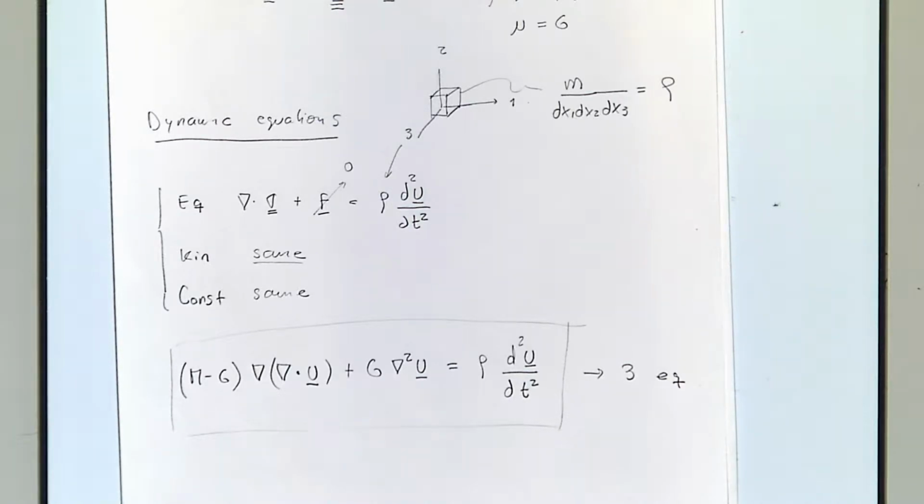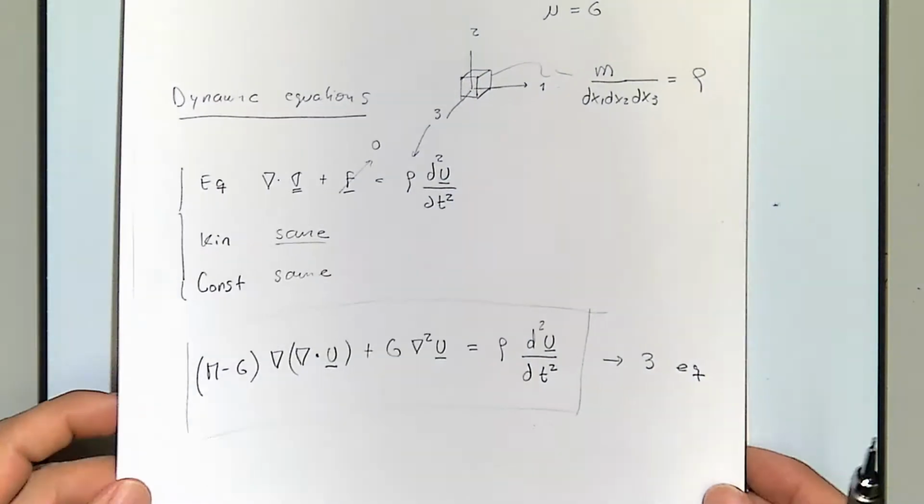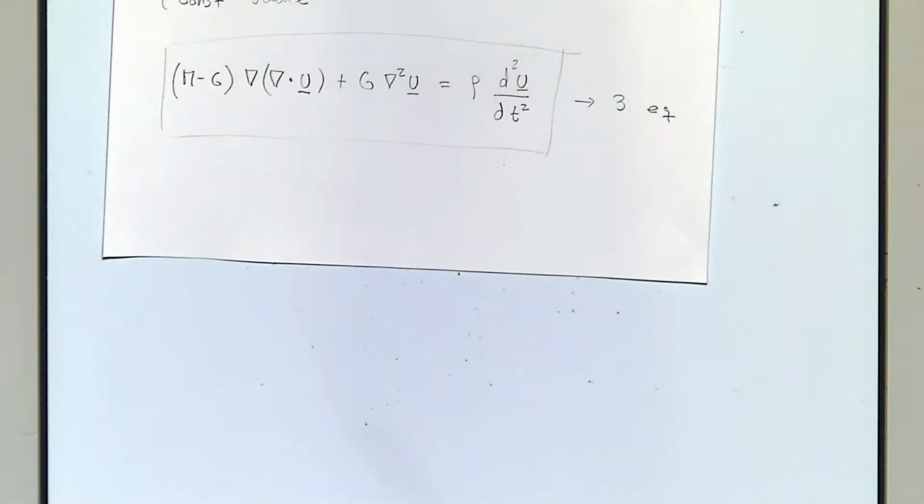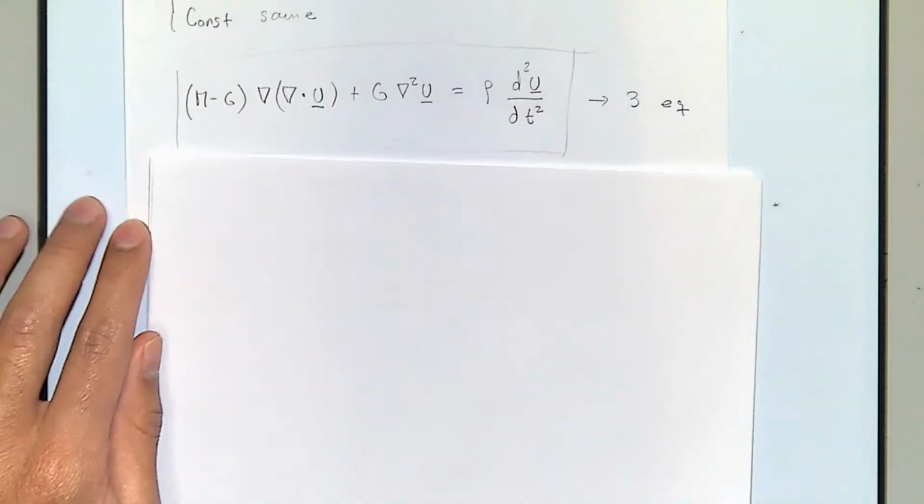Okay, so let's try now to solve the wave equations out of this equation. You see, it's not going to take too long. But in order to solve that, we need to do some assumptions.